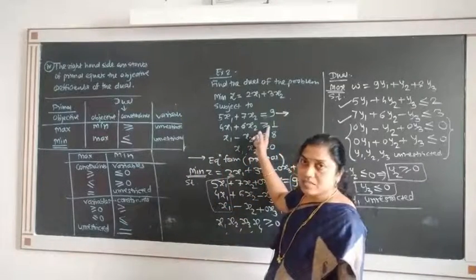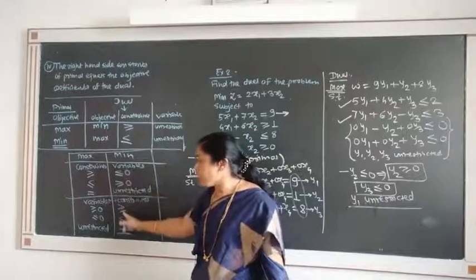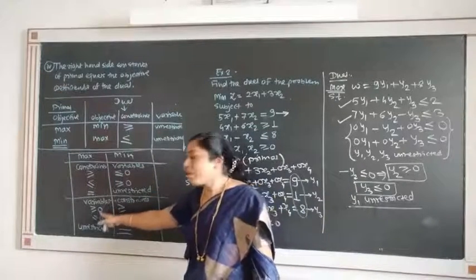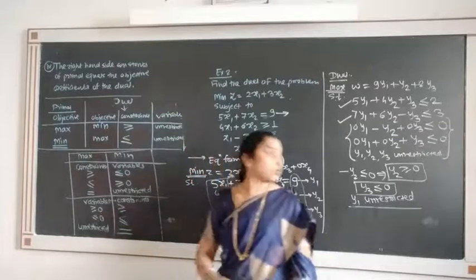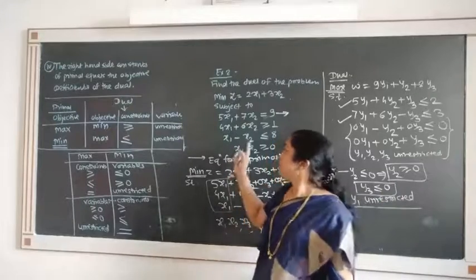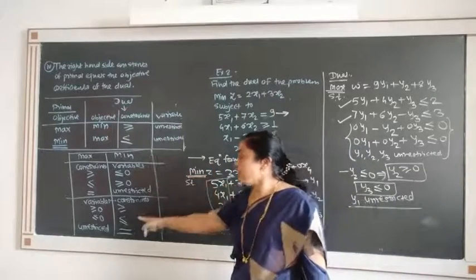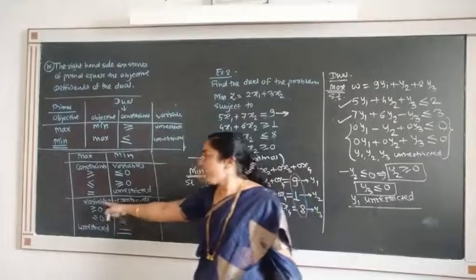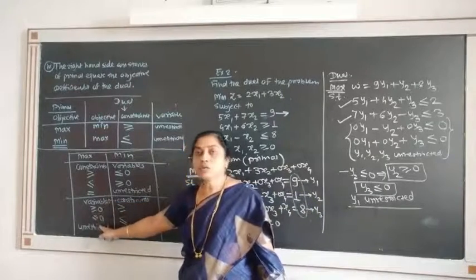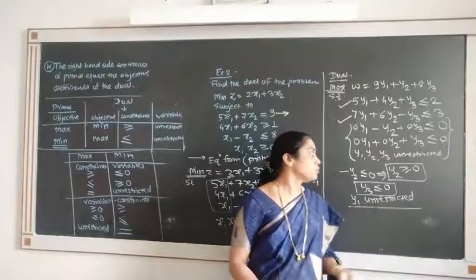The second constraint is greater than or equal to, so y2 is greater than or equal to 0. And similarly the third one: the constraint is less than or equal to, and the variable is also less than or equal to, so y3 is less than or equal to 0.